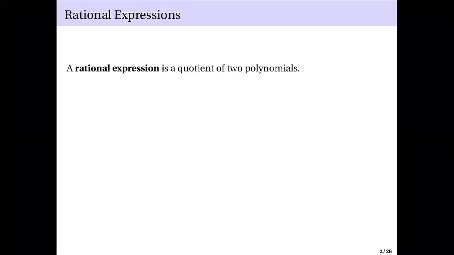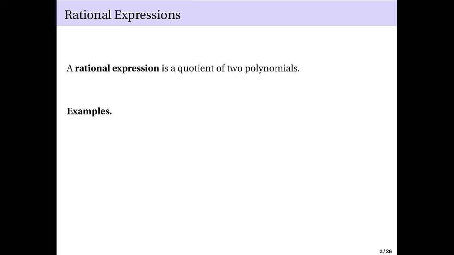Right now, we're going to consider quotients of polynomials. When you have two polynomials and you divide one polynomial by the other, what we will get is actually a rational expression. Okay?